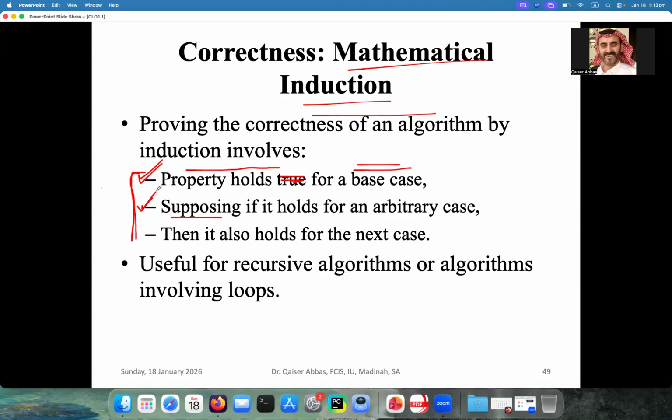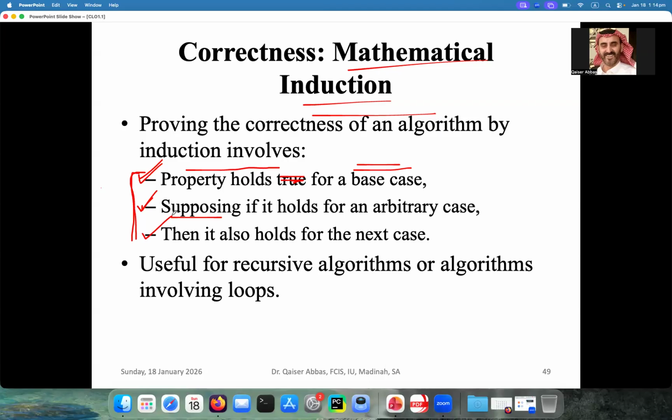In step number 2, you will assume that the theory is true for some arbitrary number. Arbitrary is like random. So you will assume that the theory is true for some arbitrary number k. You will put k into your theory, into your problem, and you will form some equation.